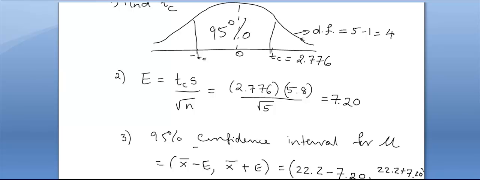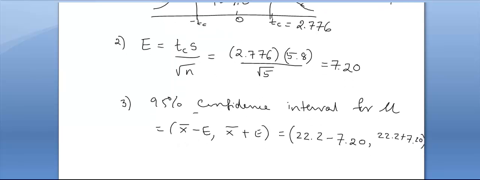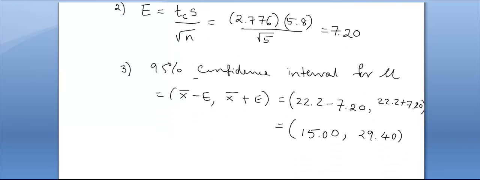Using a calculator, we have 22.2 minus 7.20, that's 15, comma, and here we will have 29.40. So this is a 95% confidence interval for our population mean.